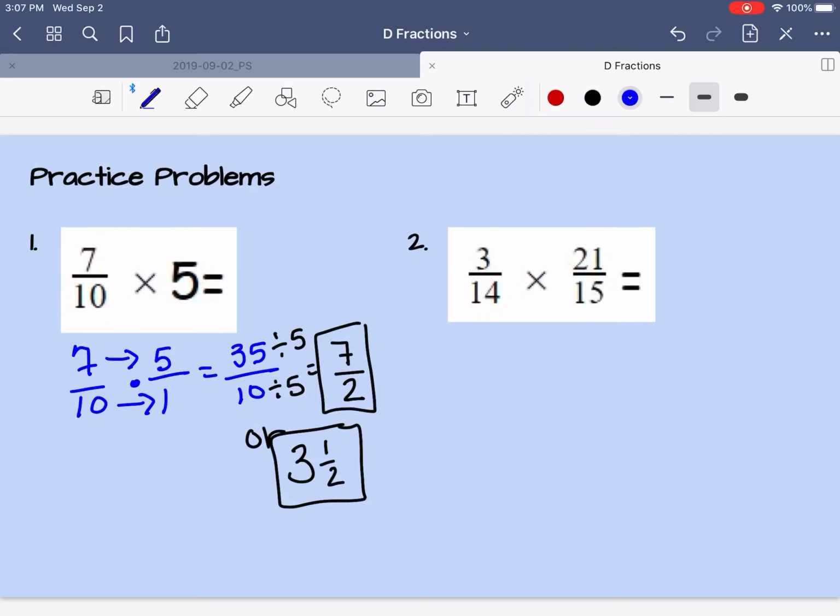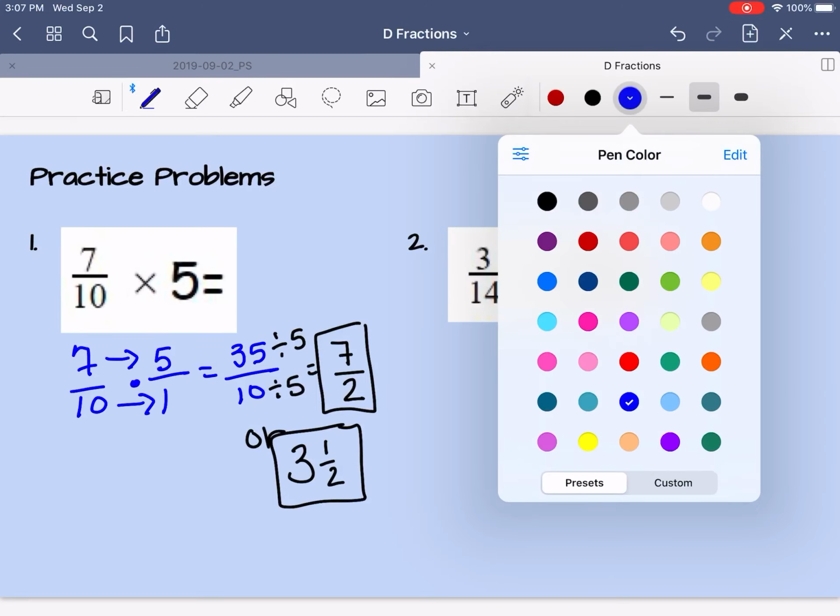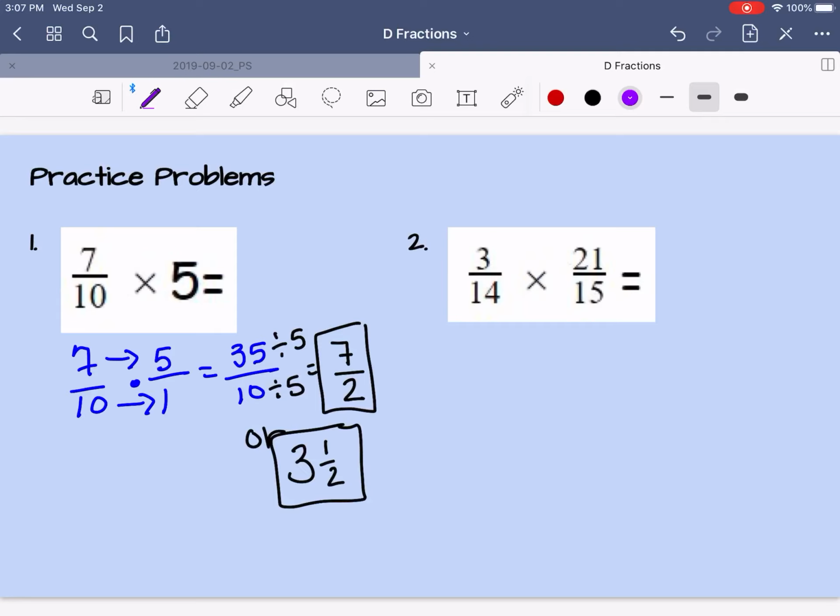All right, on this next one, I want to do something just a little bit differently because these numbers are huge. And I don't know about you, but I don't want to multiply 14 times 15. So I am going to look and see if I can reduce diagonally first. The butterfly, have you seen this yet?